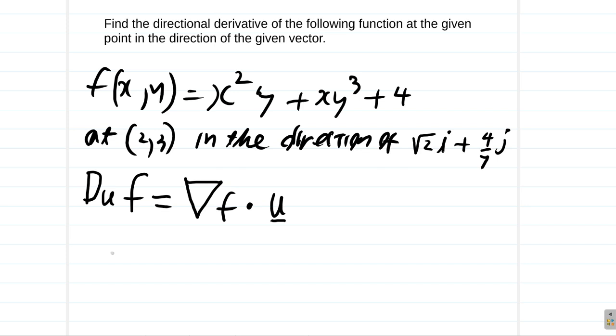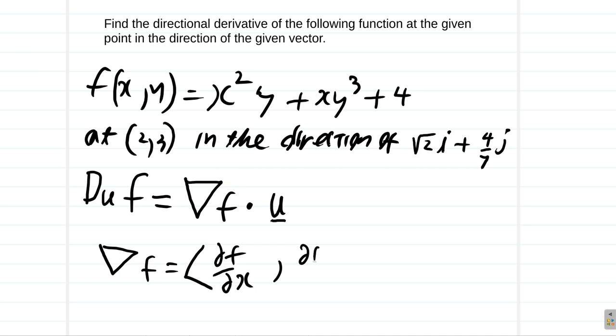So now, here, this gradient vector of the function is equal to, well, I should use the angle bracket because it's a vector, <delta f by delta x, delta f by delta y>.